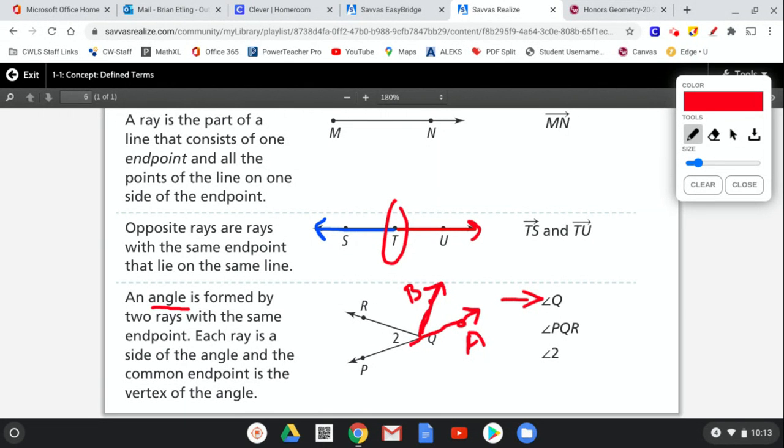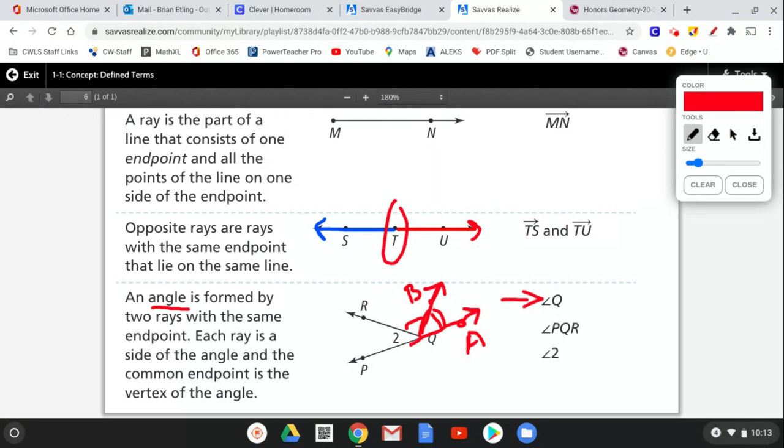Now, I don't know what is angle Q. It could be this angle, it could be this angle over here. I don't know. So you have to be very careful when we're naming an angle.